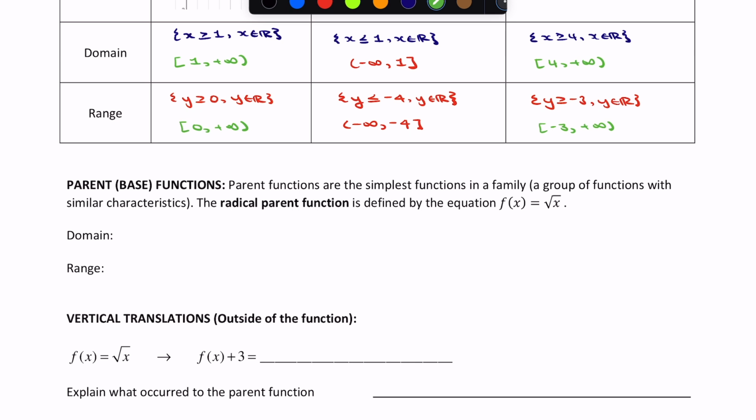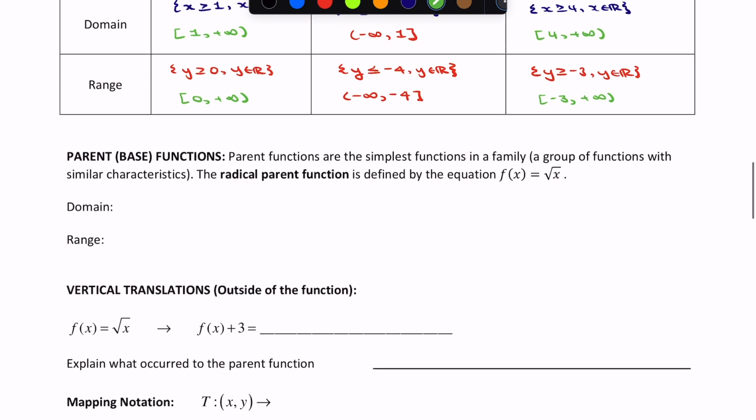Okay, so here when we look at our parent function, parent functions again are the simplest function in a family, a group of functions with similar characteristics. The radical parent function is defined again by this equation, f of x is equal to square root x. And we know for here the domain will be x is greater than or equal to 0. X is an element of real numbers.